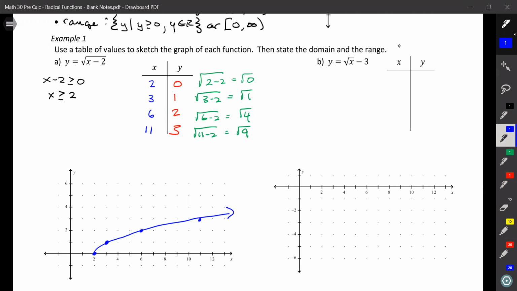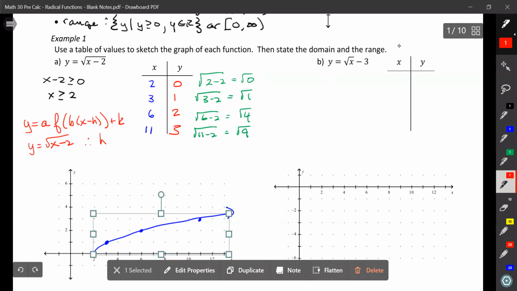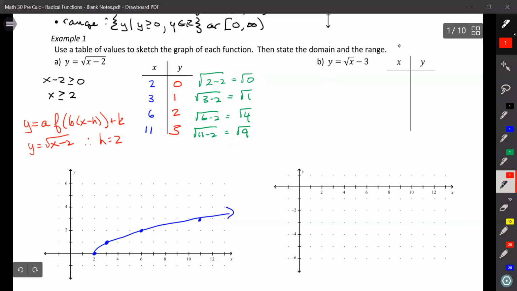So we can see this graph has shifted to the right 2 units, which makes sense because if we recall our transformations, what we have here is, in this particular one, if we have y equals x minus 2, therefore h equals 2, which is a horizontal shift to the right, and that's what we have.